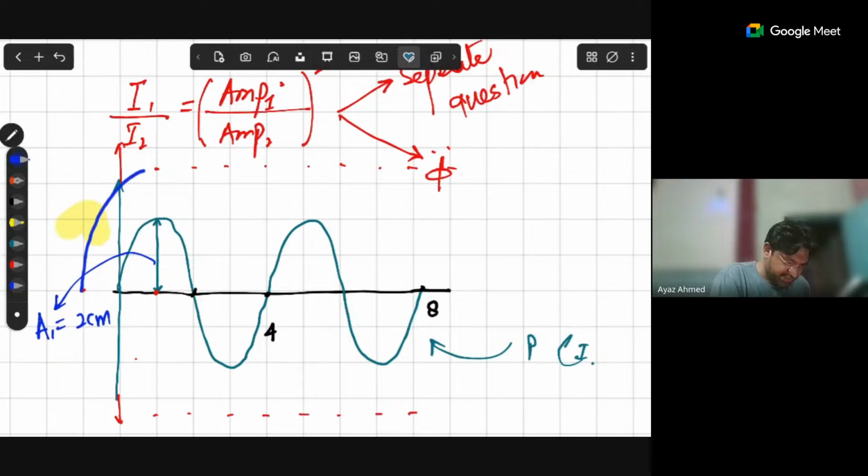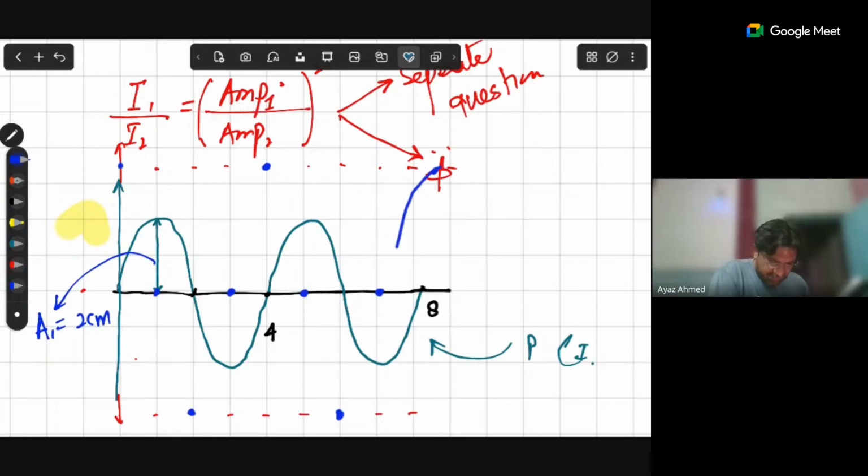I will make this wave maximum over here, minimum over here, then again maximum at this position, minimum at this position, maximum at this position above this, minimum at this position, then maximum below this, then 0, and then maximum over here.